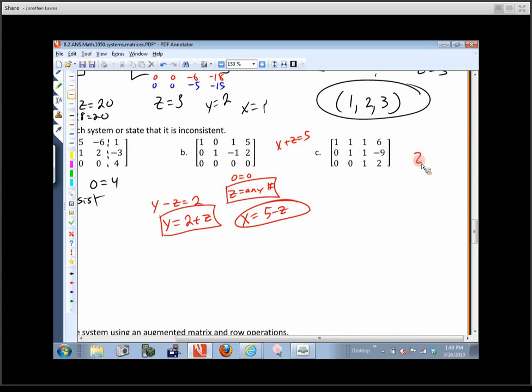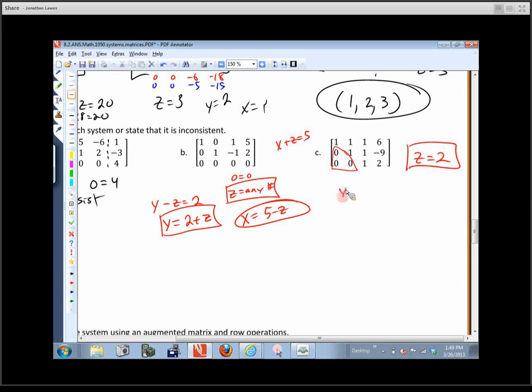You do know that z is equal to 2, so that's good. If you know z is equal to 2, by the way, does anybody recognize this? When you've got zeros down here in this little triangle there, it's called row echelon form. And the nice thing about row echelon form is you at least know what one of the answers is. In order to find the other answers, here's what we've got to do.